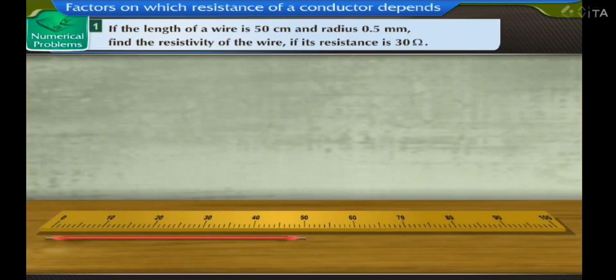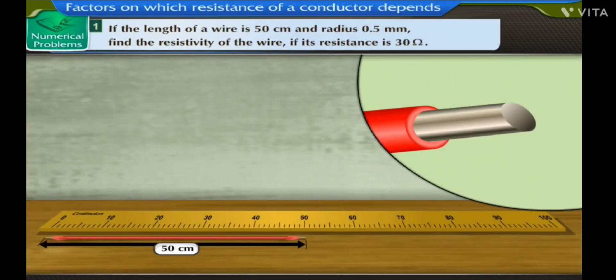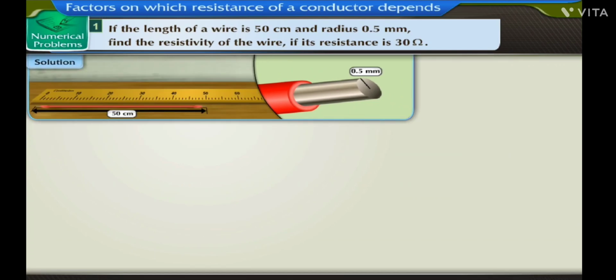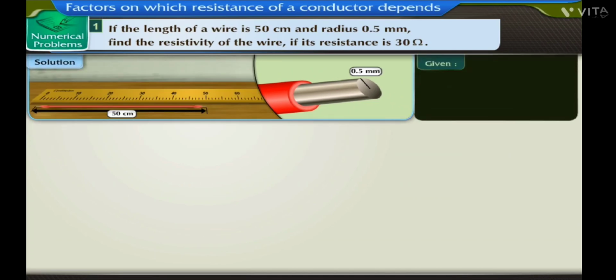Let us now solve a numerical problem based on the topic we discussed. If the length of a wire is 50 centimeter and the radius is 0.5 millimeter, find the resistivity of the wire if its resistance is 30 ohm. Solution. Let us first write the given data in proper units. Length L is equal to 50 centimeters, equal to 50 into 10 raised to minus 2 meters.